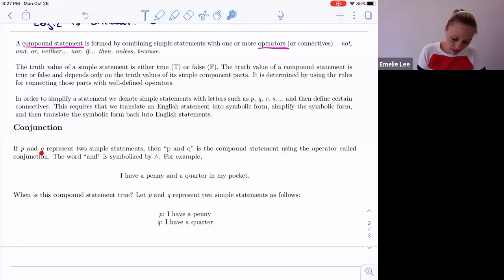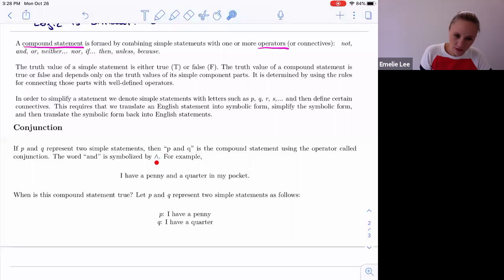If P and Q represent two simple statements, then P and Q is a compound statement, where I've smushed together two simple statements using the word and. And is called a conjunction. We symbolize it using this caret style symbol.